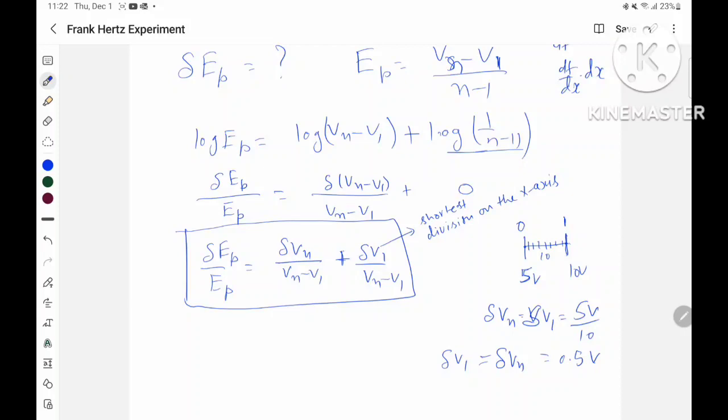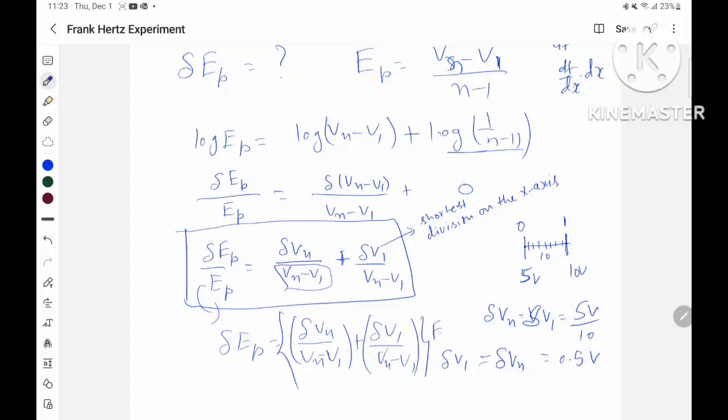Okay, so that is how you will find out delta Vn, and Vn and V1 you have already calculated from the graph. EP you have already calculated. So if you use this, then delta EP is equal to delta Vn upon Vn minus V1 plus delta V1 upon Vn minus V1, whole multiplied by EP. That is your delta EP.